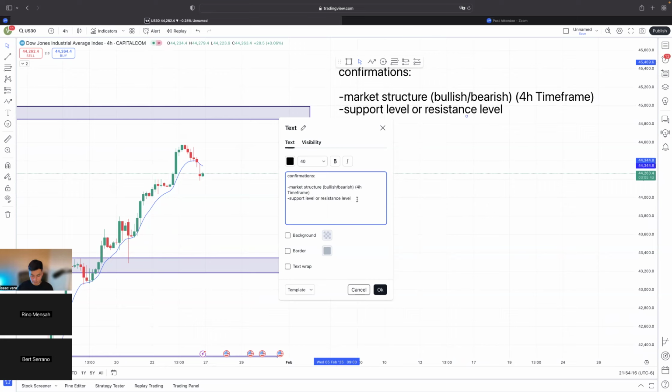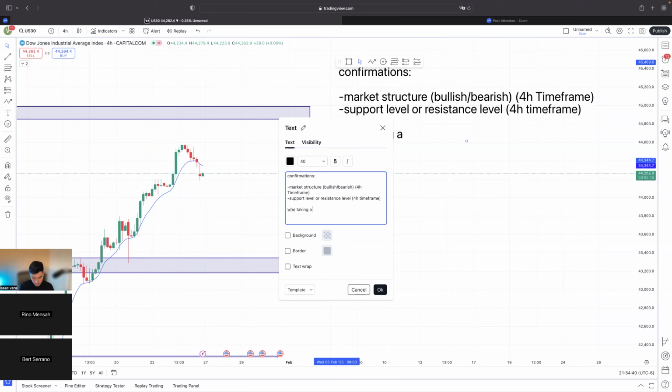And same as here, 4-hour time frame. Those are the confirmations that I look for on the higher time frame. But whenever I'm gonna take an entry, I look in the smaller time frames.